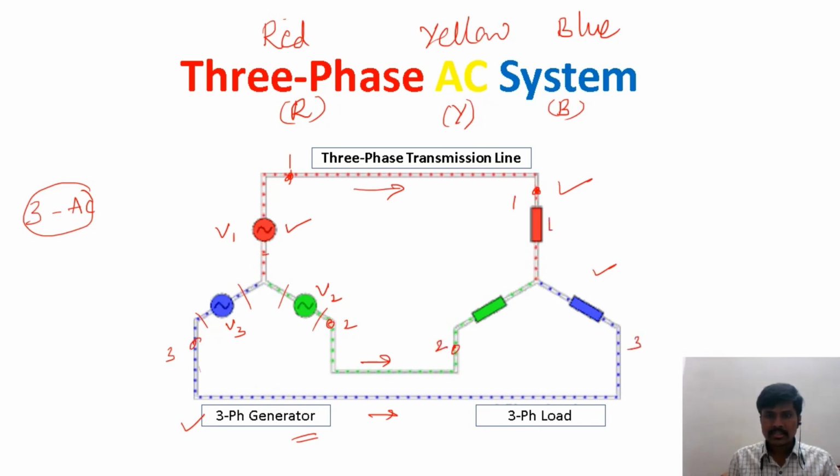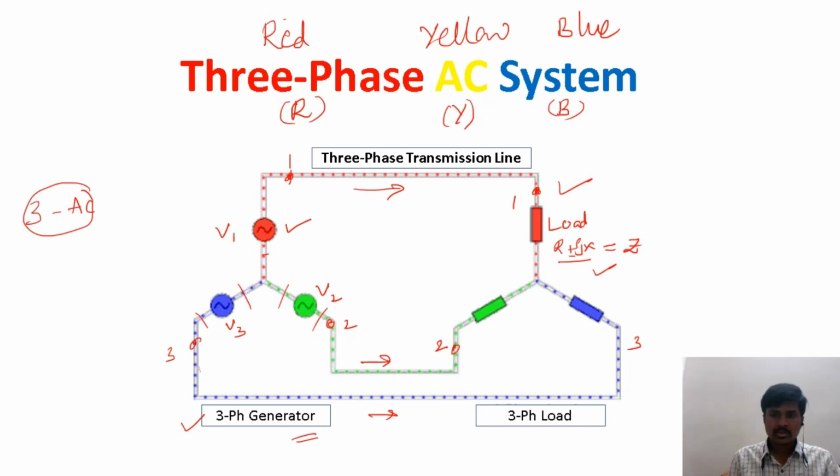This load can be a simple resistor or a combination of reactive load. R plus jX, R minus jX, we combinedly call this impedance. This one is a balanced load. Balanced means these loads have the same amount of impedance.